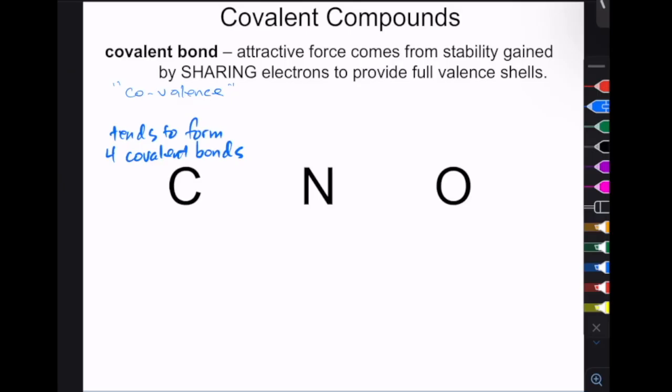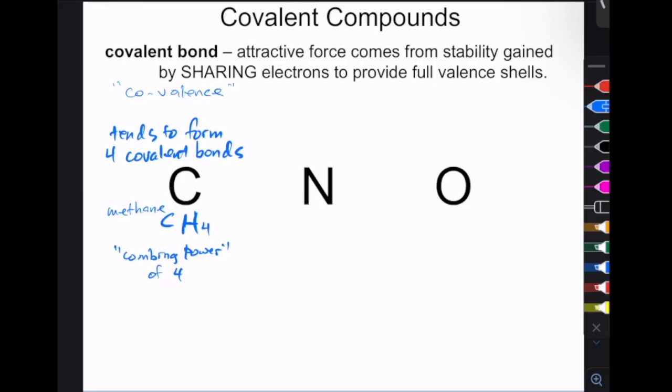It has a combining power of 4, meaning that when you mix it with hydrogen, you can find that it mixes with 4 parts hydrogen. So if we were to make a compound with carbon and hydrogen, it would look like this, CH4. Who knows what CH4 is called? Methane.